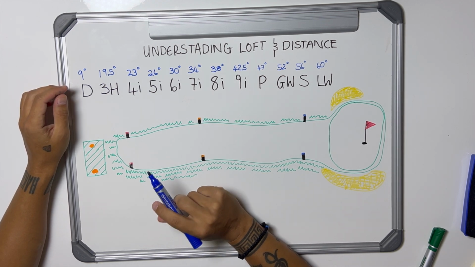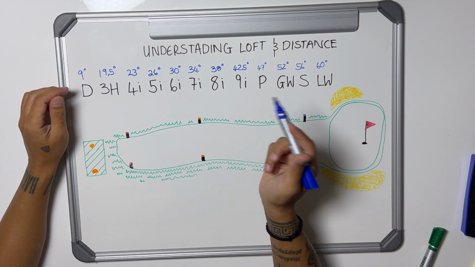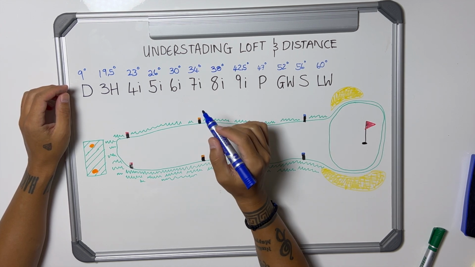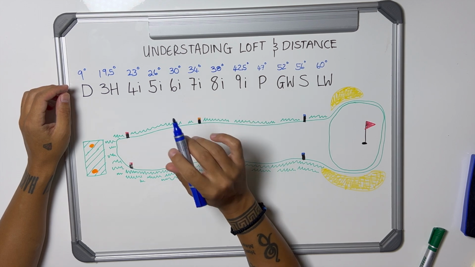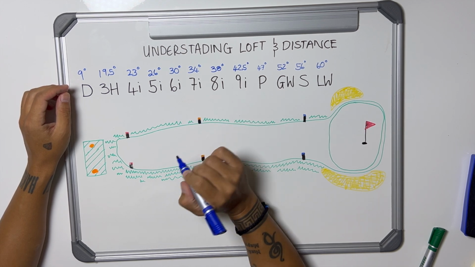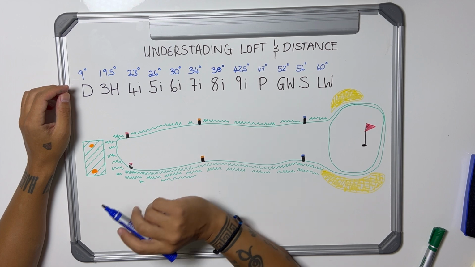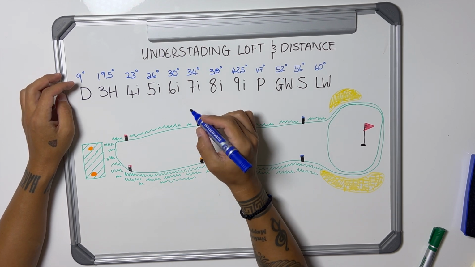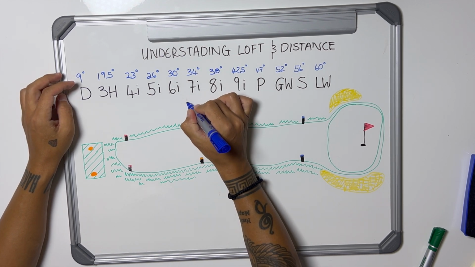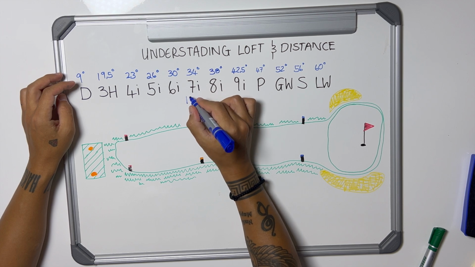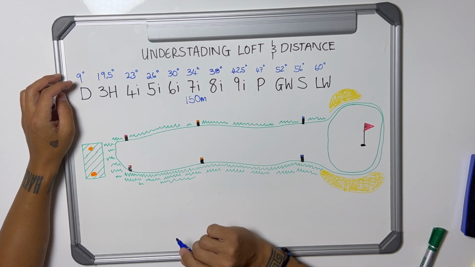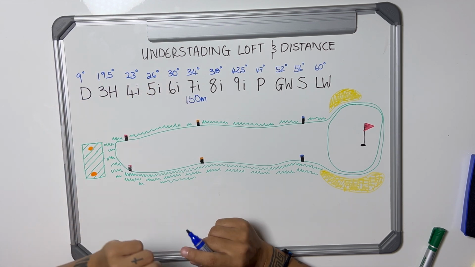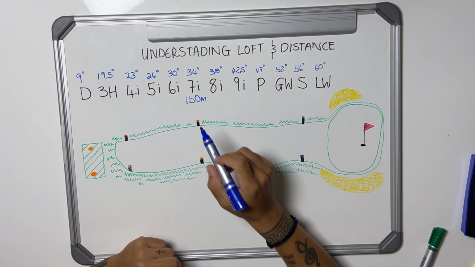You take your club and start hitting the ball, so you find out what club hits what distance. Start with your 7-iron. For example, my 7-iron, I hit 150 meters, because I went to the driving range and I know I hit 150 meters with my 7-iron.